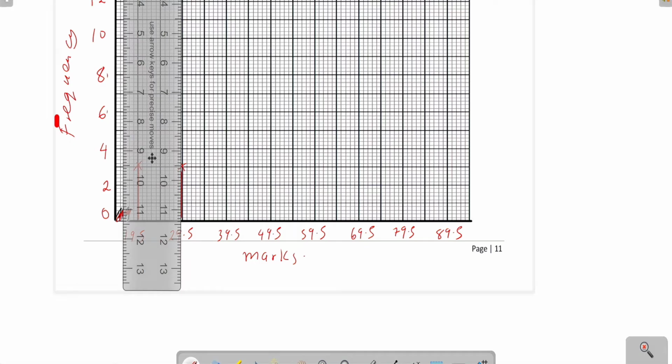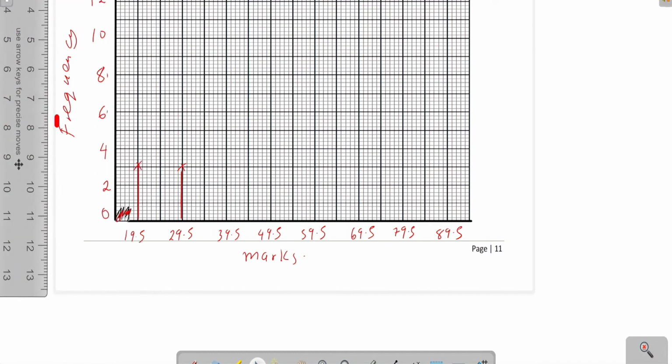So it is here. I don't know why I'm using the wrong tool when I have a ruler. So basically it's this. Let me use another.